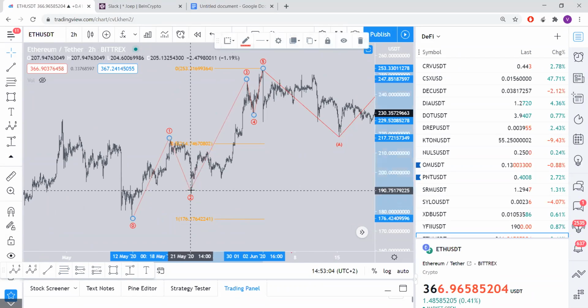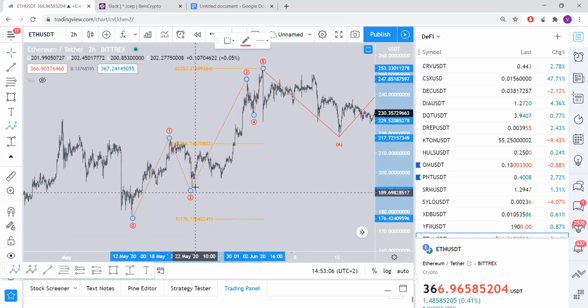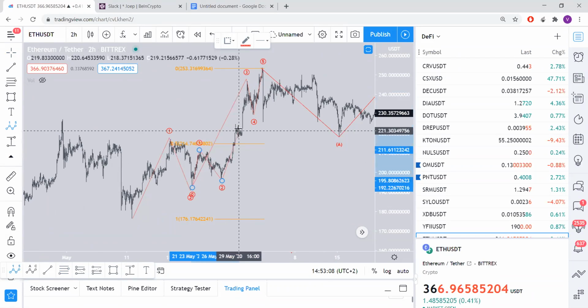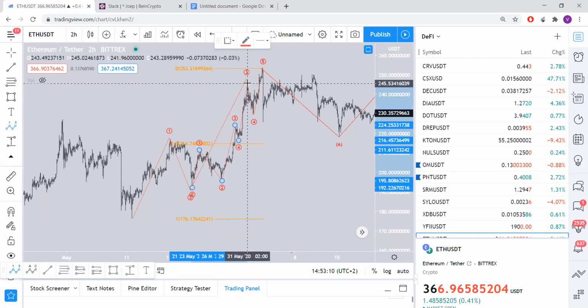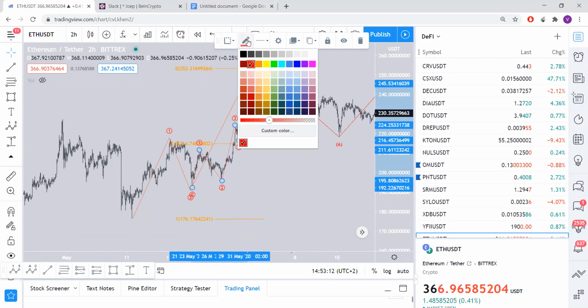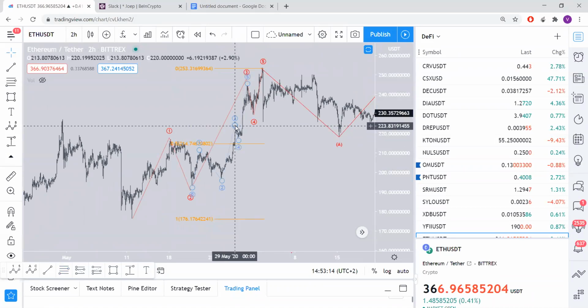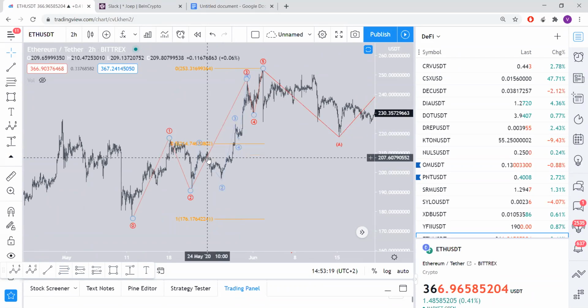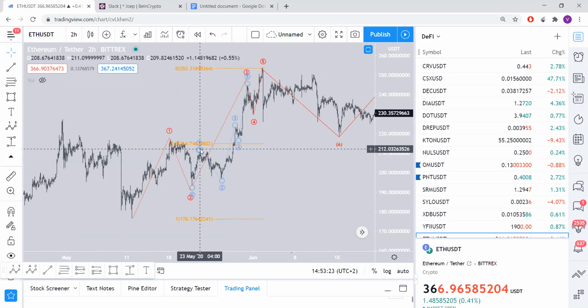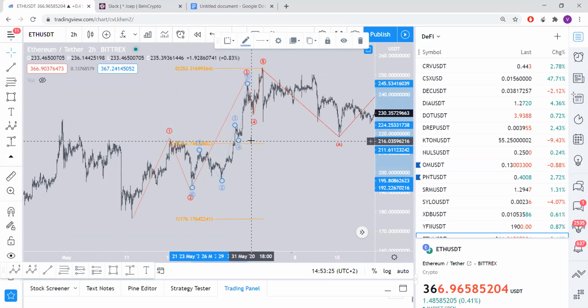Now in this case, wave 3 is extended, so you can probably draw another 5, something like this. Make them blue. I'm not sure if this is the correct count, I have to look at the subwaves more closely, use lower time frames, fibs, everything, but this is what it looks like.